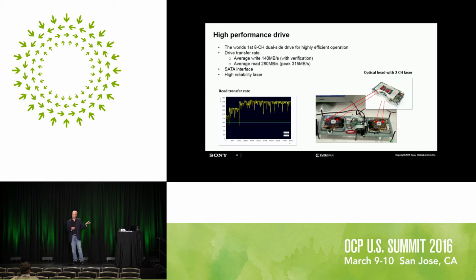But what you get from this is, if, for instance, one of the lasers would fail, well, you have one of the 8 lasers failing, but 7 lasers still work, and you just have a smaller performance impact, and you can still use the drive. On the left-hand picture, you see a plot for the read transfer rate.